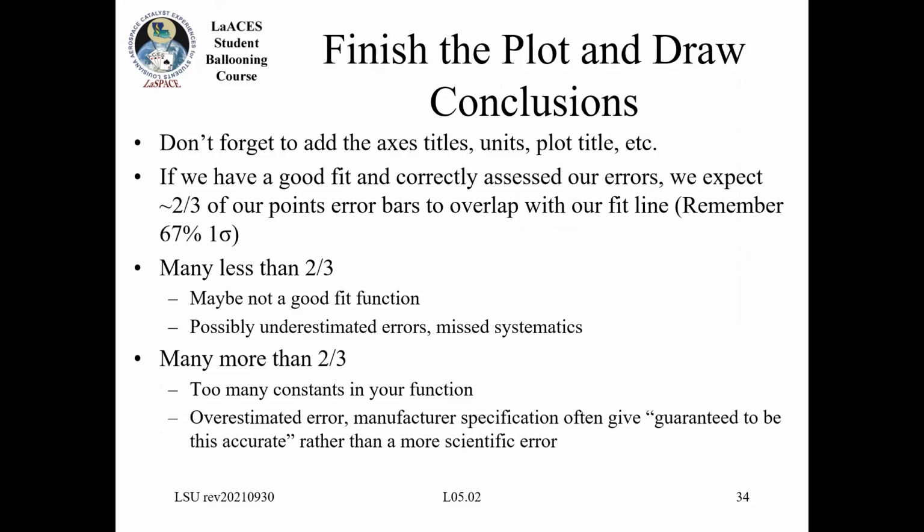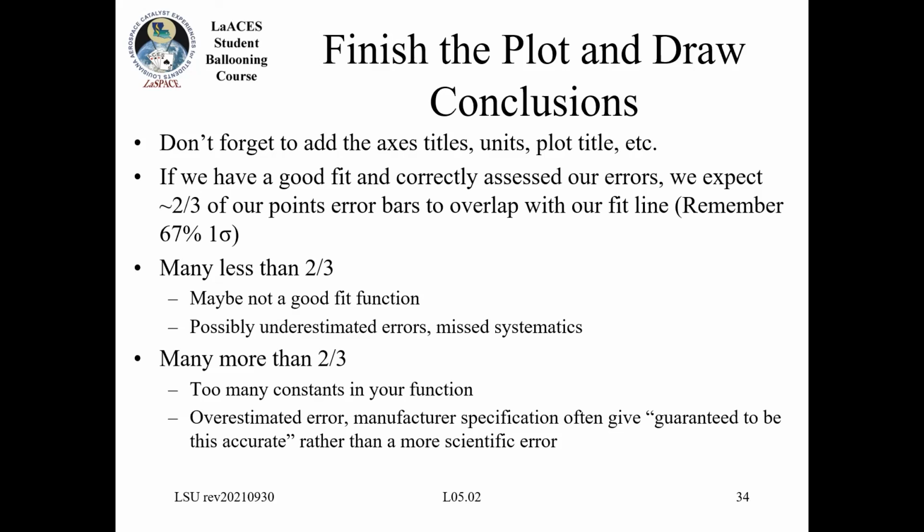If many of the points don't match, or if there's way less than 2/3 of the data points, that means it's probably not a good fit function, or I have made an error in my error estimation. Either I underestimated my error, maybe I missed something.